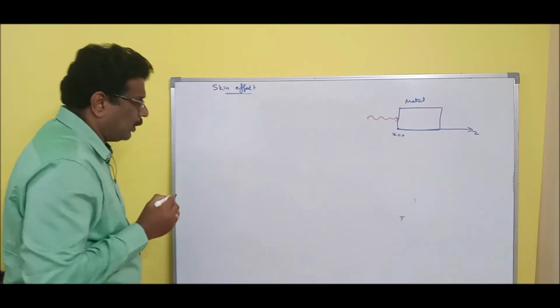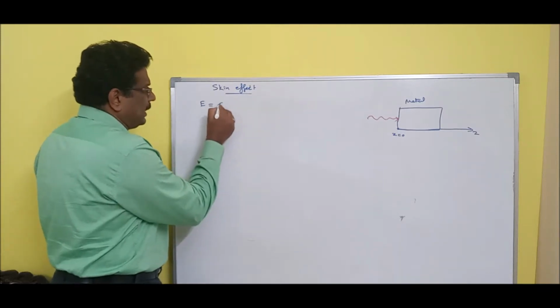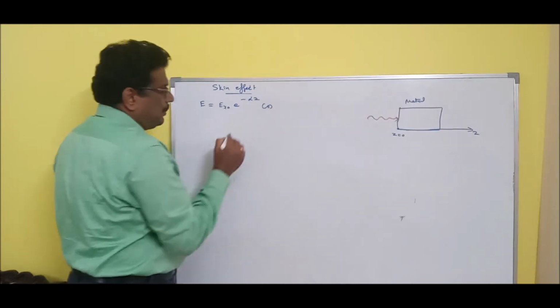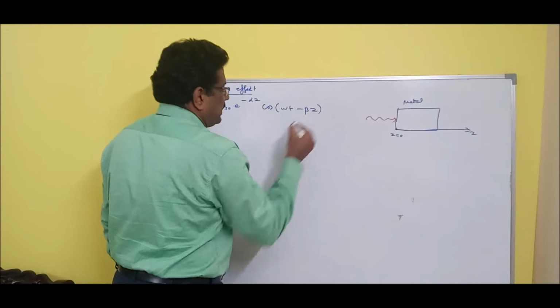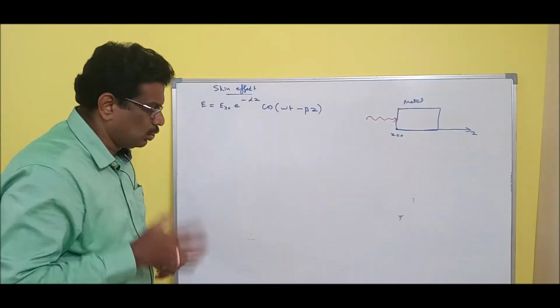Okay. Now, the electric field component solution E is nothing but E x naught e power minus alpha z into cos omega t minus beta z, which is the solution of the wave equation which we discussed. You should know that.